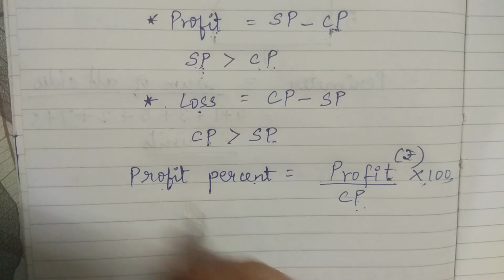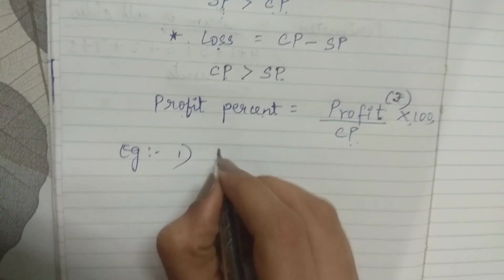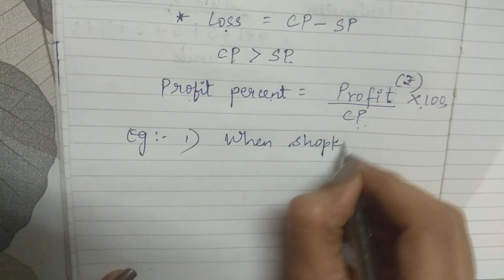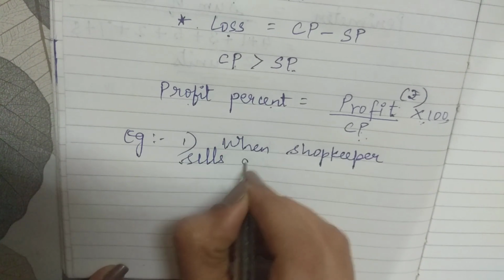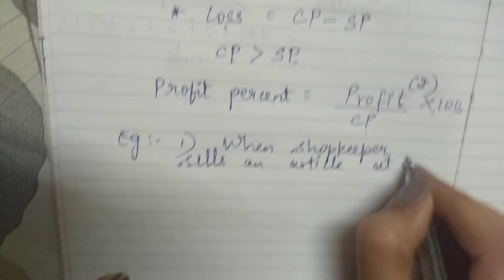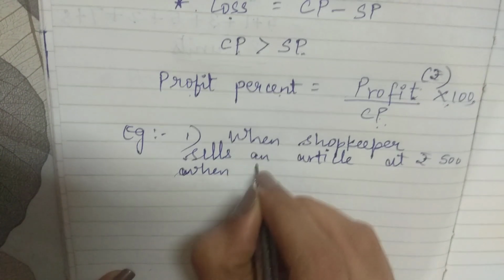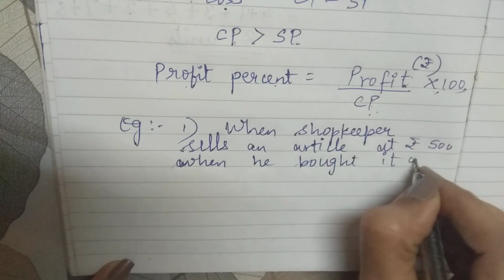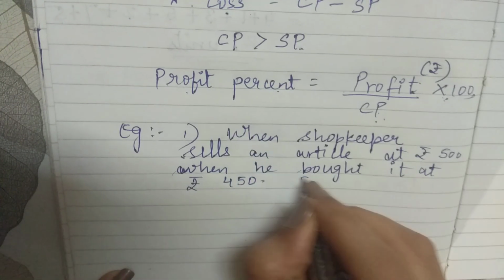Now let's see one example. A shopkeeper sells an article at rupees 500, when he bought it at rupees 450.